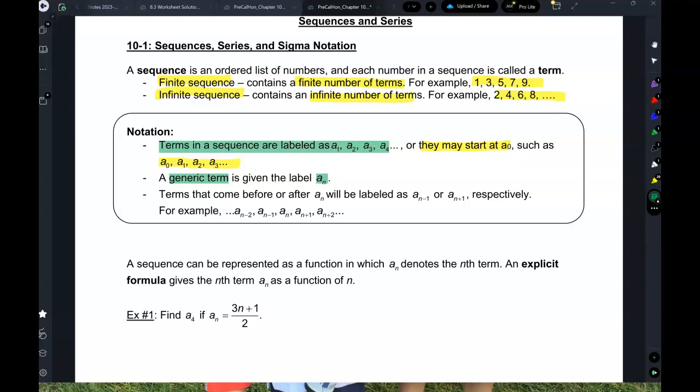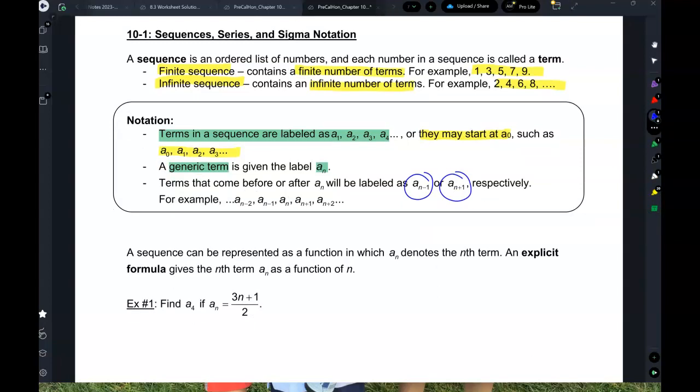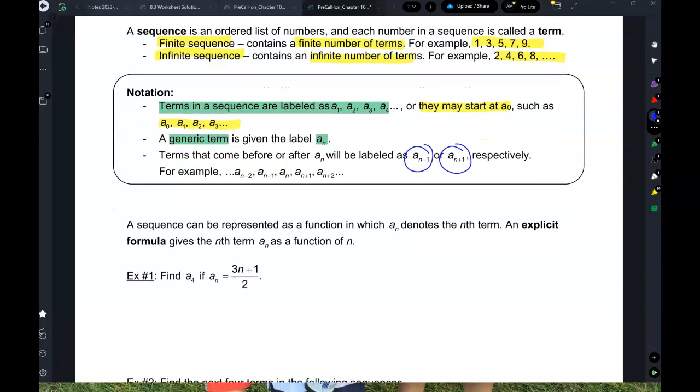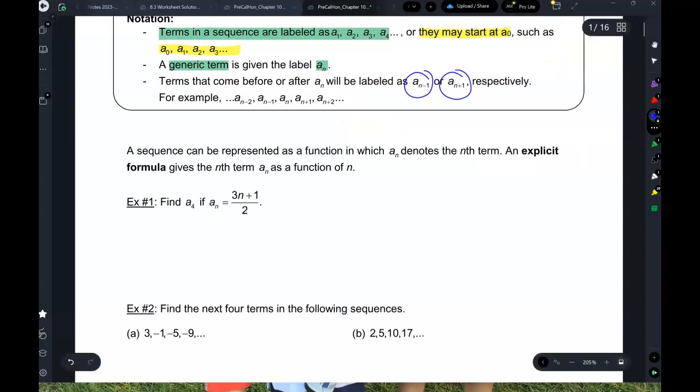The one right after it is a sub n plus 1. So a list can be written like this: in the middle it's a sub n, before that n minus 1, n minus 2, and after it n plus 1, n plus 2. Okay? All right, so that's just a little bit about notation.